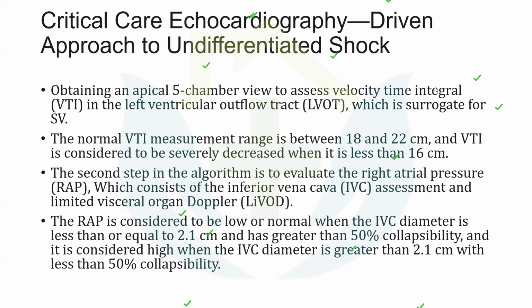Right atrial pressure is considered low or normal when IVC diameter is less than or equal to 2.1 centimeter and has greater than 50% collapsibility, as we all know. It is considered high when IVC diameter is greater than 2.1 centimeter with less than 50% collapsibility.